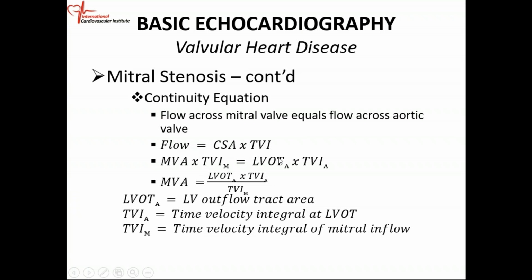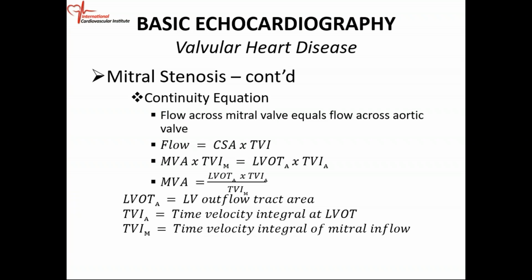If you rearrange the equation, the mitral valve area equals the left ventricular outflow tract area times the TVI across the left ventricular outflow tract, divided by the TVI of the mitral valve. The continuity equation, okay?